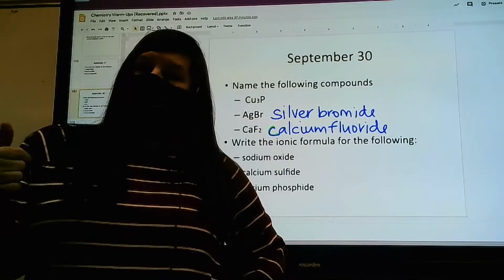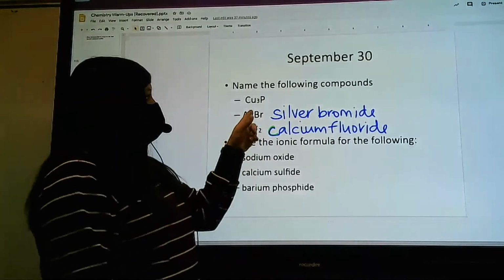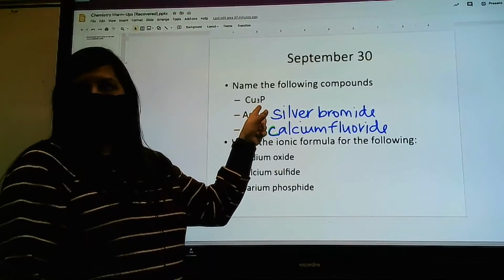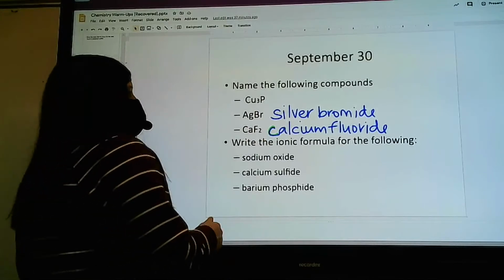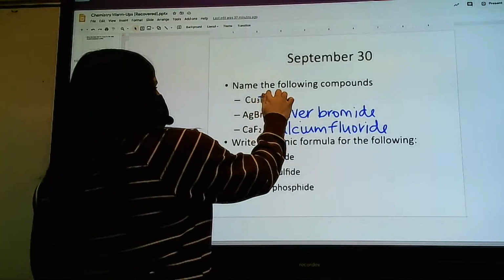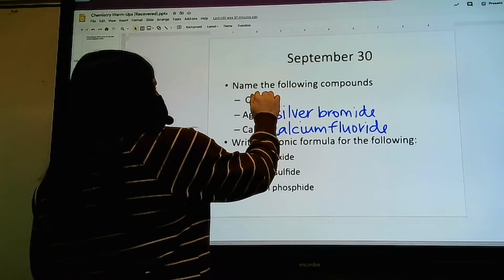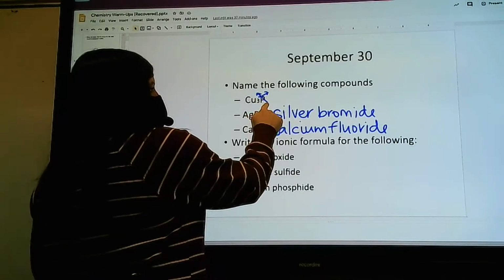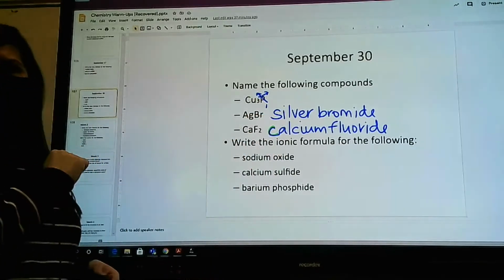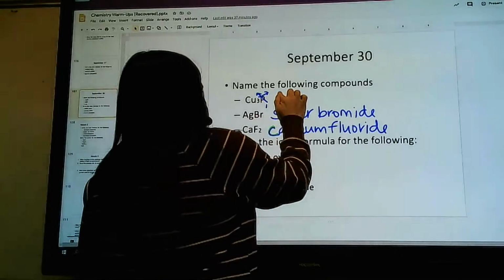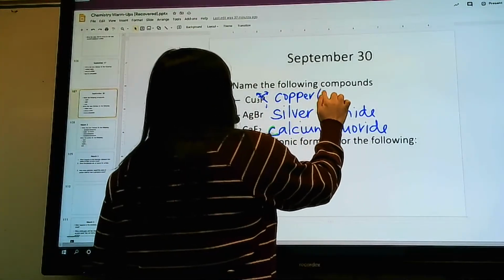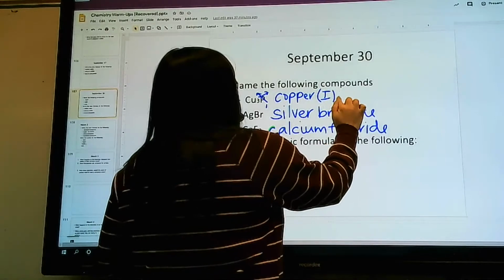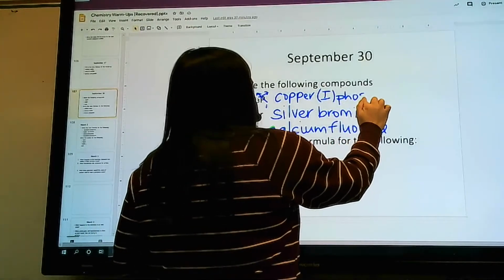So copper can either be 2+ or 1+. If you have subscripts like we do here, we can do what we call a reverse crisscross to get that charge. So I can bring this 3 up here for the phosphorus, and if there is not a subscript here, then that means it was a 1, right? So this is going to be copper(I) phosphide.